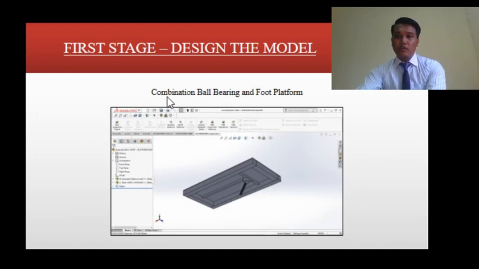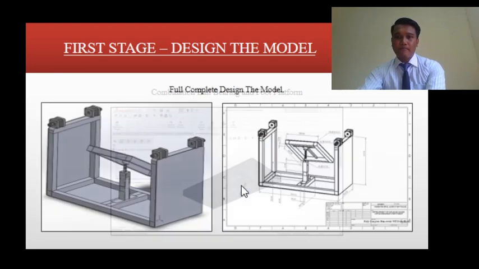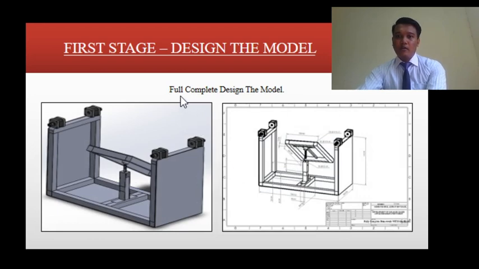This is the combination of the ball bearing and foot platform, which I showed in the previous slide, and this is the thread with a ball bearing. And after that, the full complete design of the model: the framework, the foot platform, the ball bearing, and the thread.